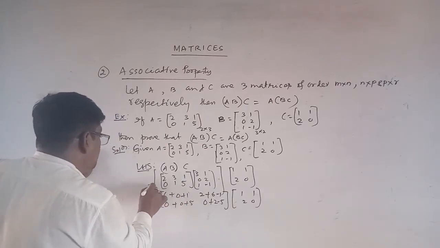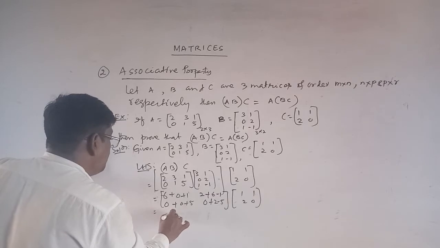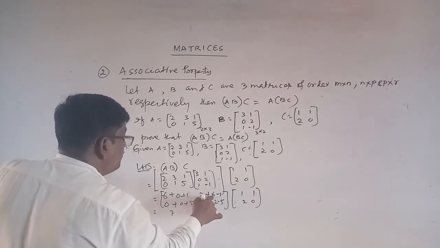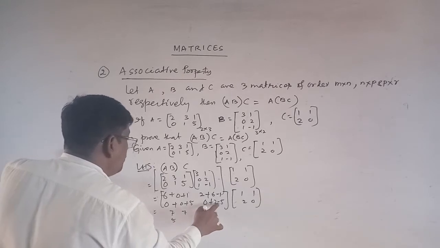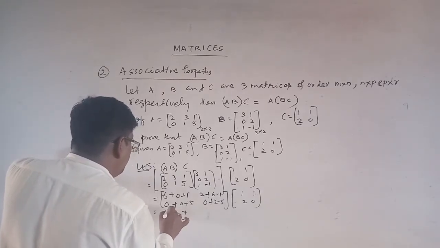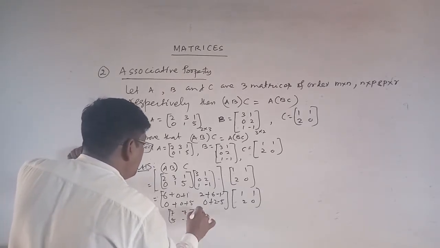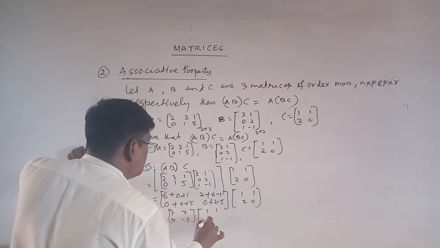This is equal to 7, 8 minus 1, 7, 5, 2 minus 5, minus 3, into 1, 1, 2, 0.